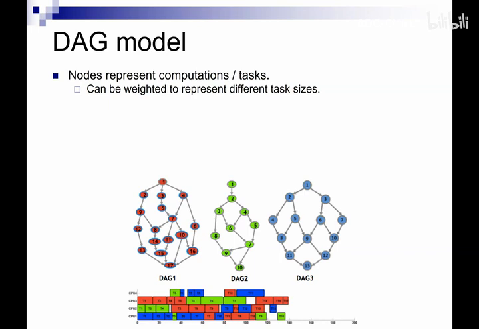Now I'm going to present the first model for the analysis, which is the DAG model. The DAG model basically tries to look at a computation as a graph. In fact, it's a directed acyclic graph. That's why it's called the DAG model. We're going to look at all the computation and the communication that we're doing in this program, and to represent this as a graph, we're going to create a bunch of nodes.